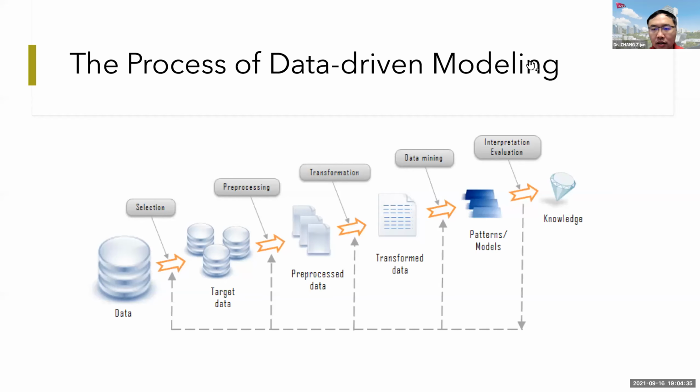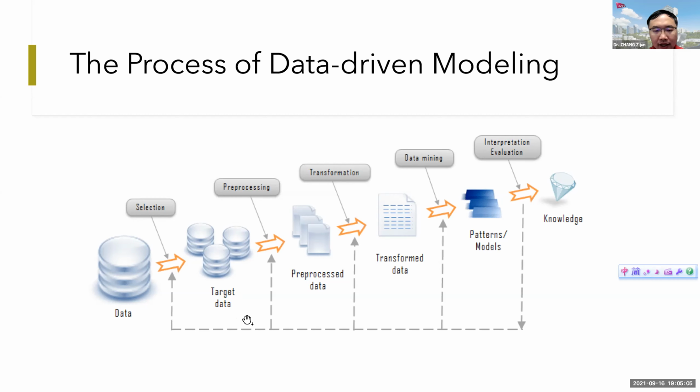All right. So first, let's have a look at a very high level and general summary of the process of data-driven modeling. It is actually very similar to a typical machine learning process. First of all, based on our problem setup, we need to collect data, okay? Then based on the collected raw data, we need to do data selection.